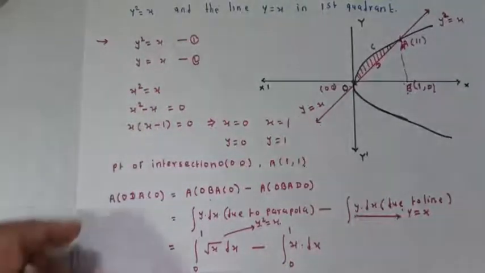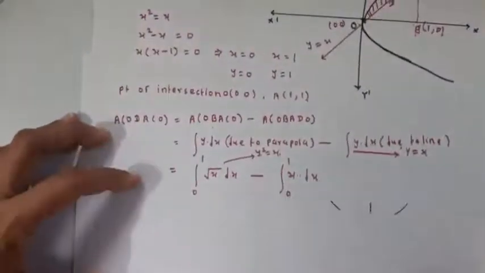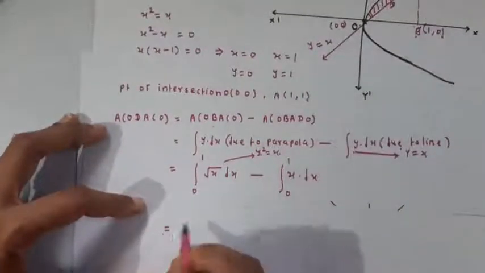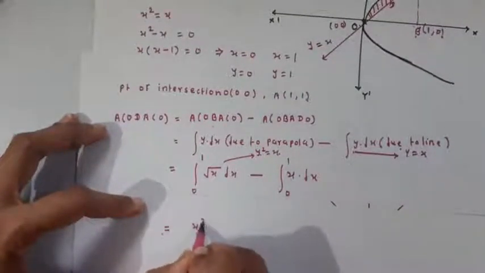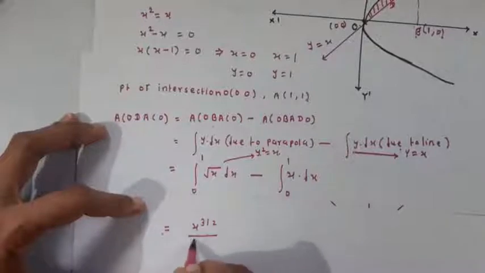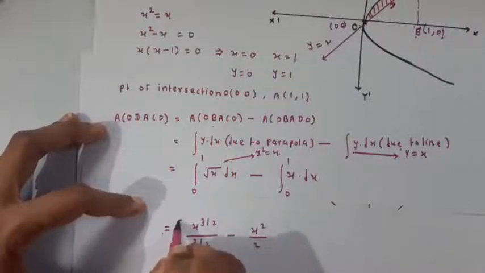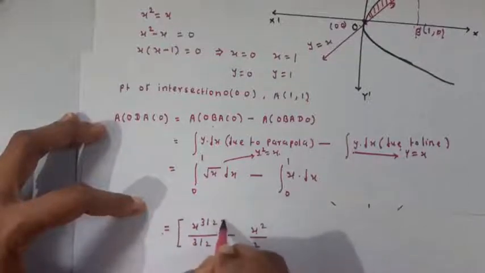Okay, now its integration is x raised to 3 by 2 upon 3 by 2 minus x square upon 2, limits of integration 0 to 1.